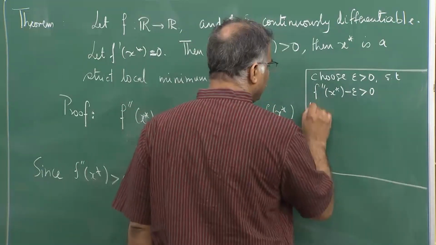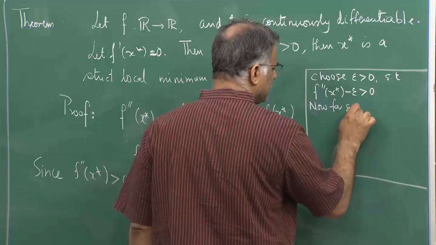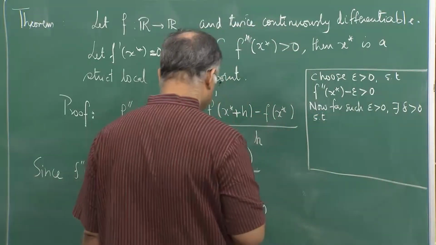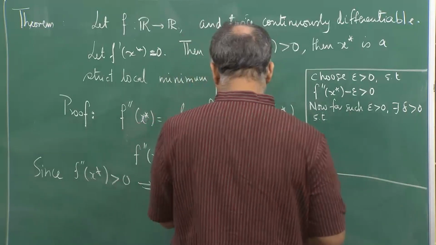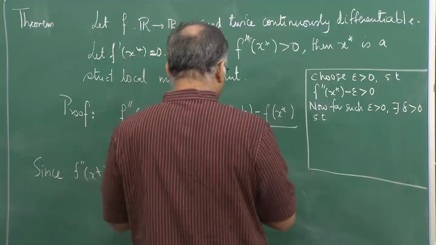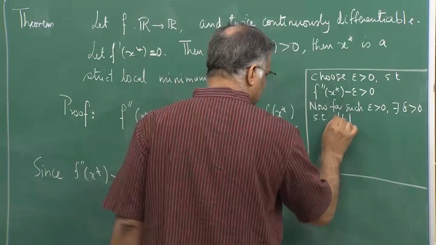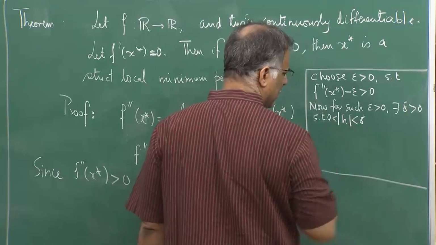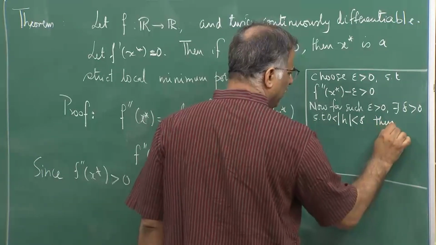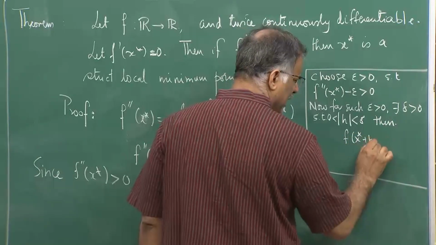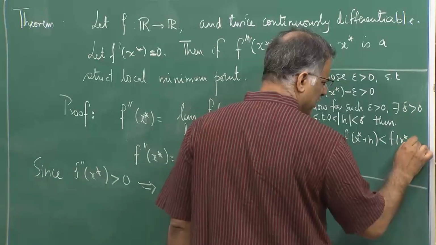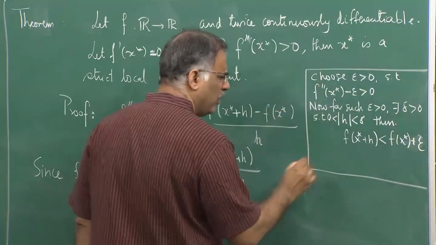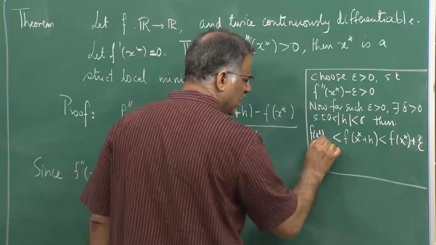So, now for such epsilon there exists delta greater than 0 such that whenever mod h is less than delta, and this one is within the domain, then we have f dash of x star plus h by h is strictly less than f double dash x star plus epsilon, and also strictly greater than f double dash x star minus epsilon.